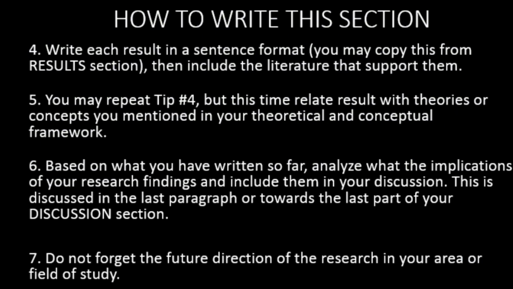To continue, my tip number 4 is you write each result in a sentence format. You may copy this from the results section, then include the literature that support them. Number 5, you may repeat tip number 4, but this time relate the result with theories or concepts you mentioned in your theoretical and conceptual framework.